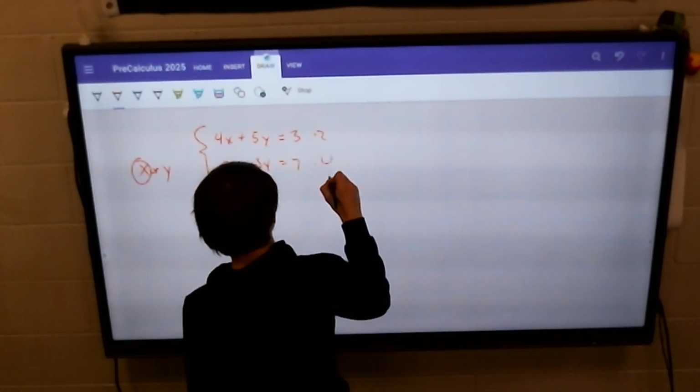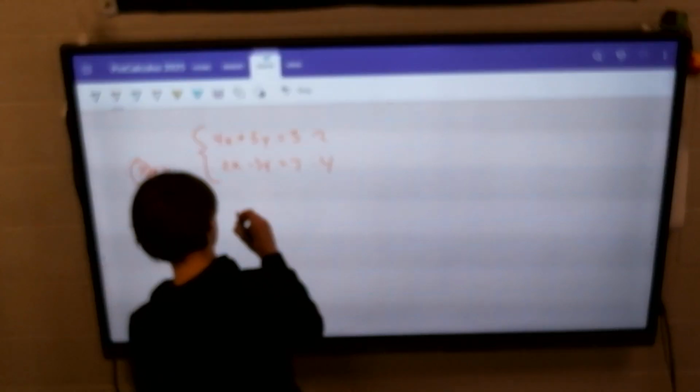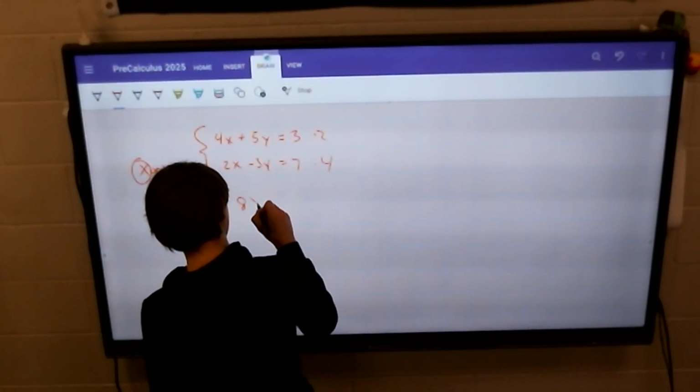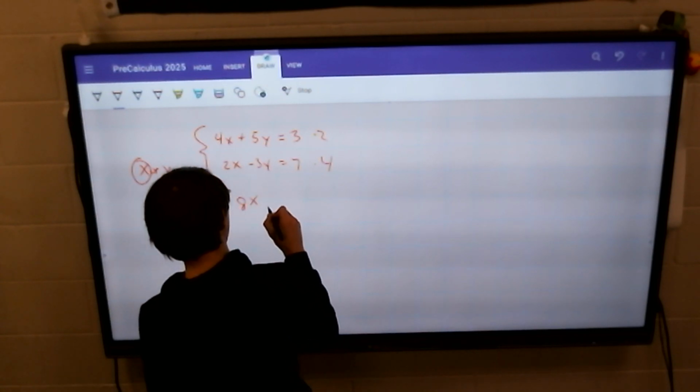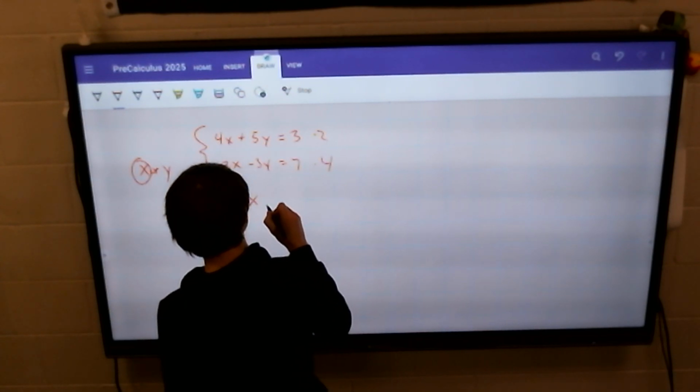Remember what to do? Wait, which one are we doing? 4x plus 5y equals 3. Does it matter the type? I would use elimination, because I just did elimination, partly because there's no coefficient of 1.